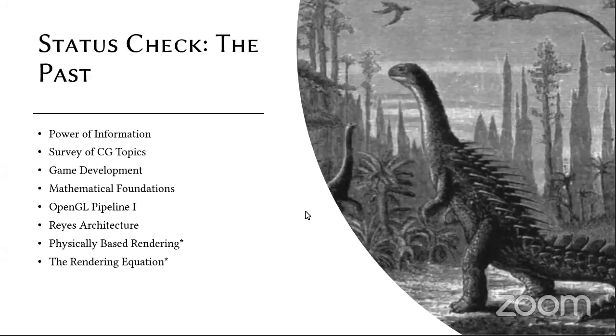So these are the topics that we have talked about so far. Power of information: how computer graphics is really centralized on how we display information to people and how we interact with that information. It could be as simple as a video game where you build an environment around graphics and a person can interact with it.